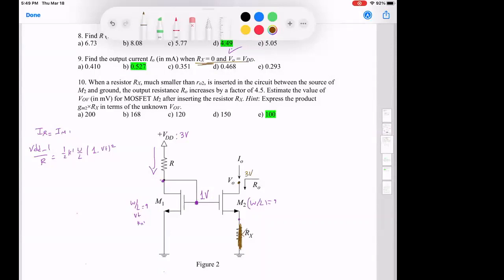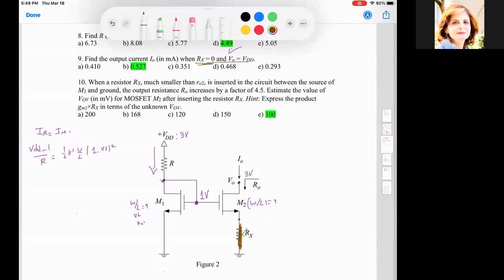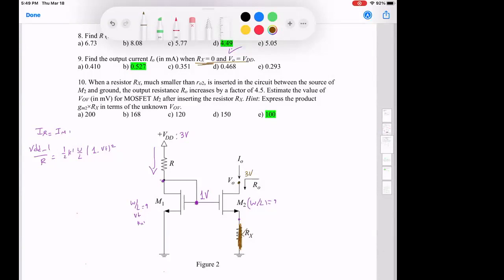How do we find the output current for this problem? Is it complex? We have everything, no? Exactly. So all I have to say is K prime W by L times VGS minus VT all squared, into 1 plus lambda times VDS. I have VDS because this is grounded, and that's it.